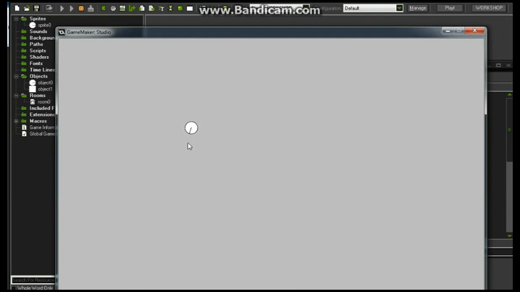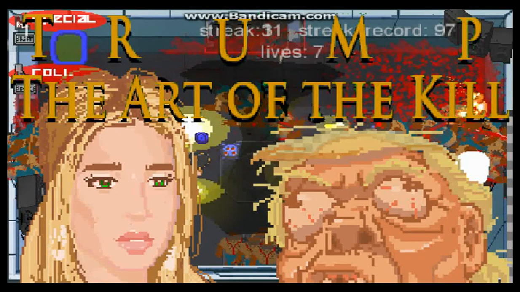Also, because you're using sine, if you're at the 90-degree angle, it rotates really fast, but if you come further back this way, it rotates really slow. So this is how I implemented this rotation into my game, The Art of the Kill. And hopefully someone somewhere found that useful.